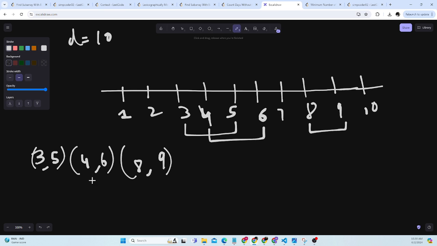Now, why sorted by start time? Because if I know that a particular meeting ended at 6 and the next meeting started at 8, it is obvious that if there were more meetings, they would all start after 6. They would not start before 6.